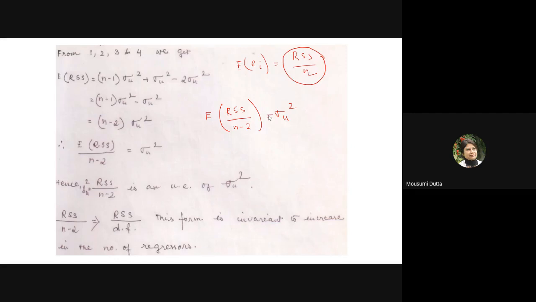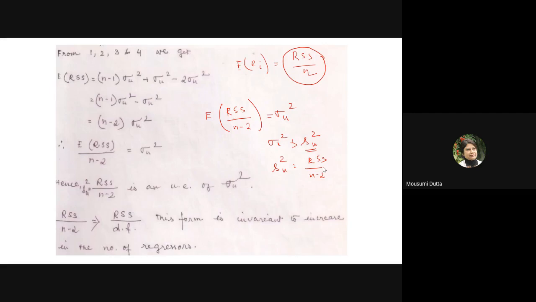However, in due course we find that RSS by n is not the unbiased estimator for sigma u square. Rather, RSS by (n minus 2) is the unbiased estimator of sigma u square. Hence, for the sample counterpart of sigma u square, we generally use the notation su square. So su square is equal to RSS by (n minus 2), an unbiased estimator of sigma u square.